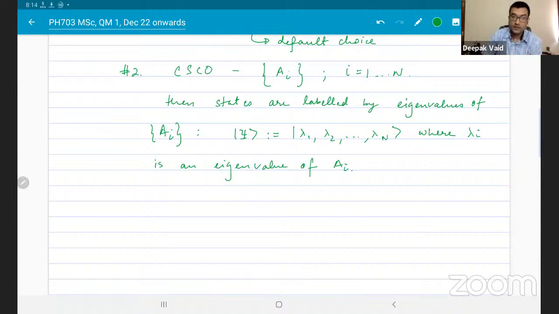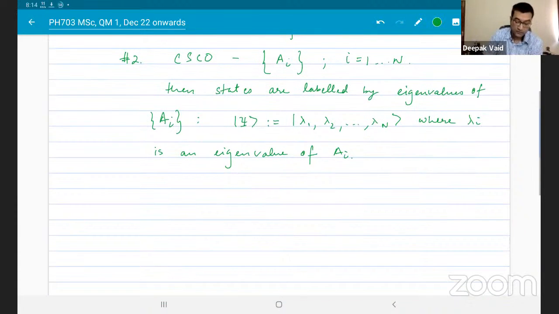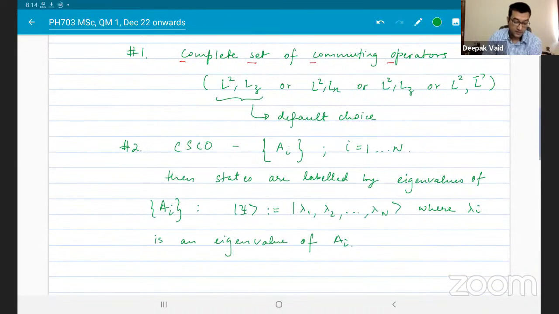Okay. Now you have actually seen an example of this. If you think about it, other than angular momentum, can you think of another example where you have more than one operator and you have a set of commuting operators? Anybody?